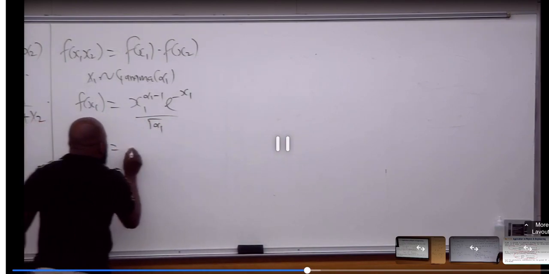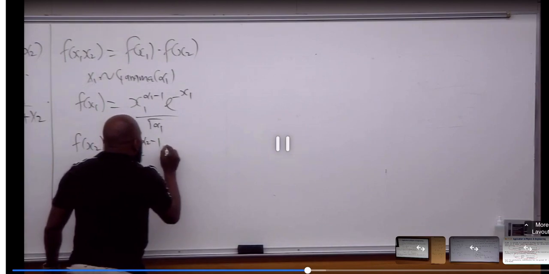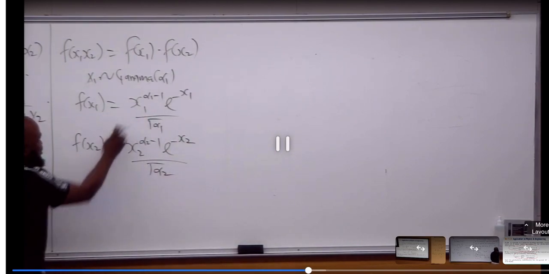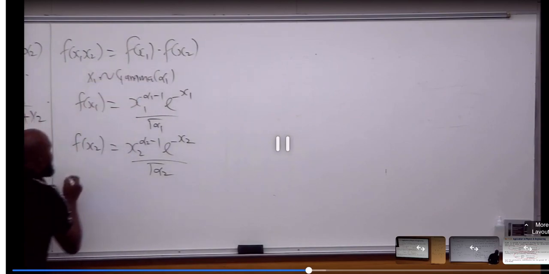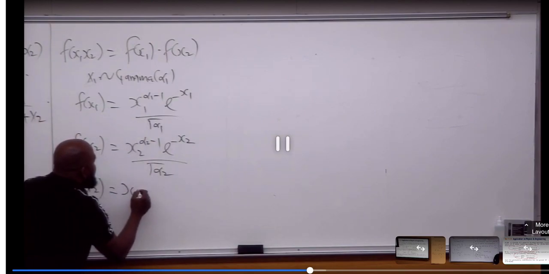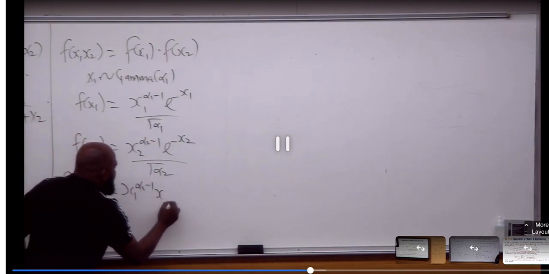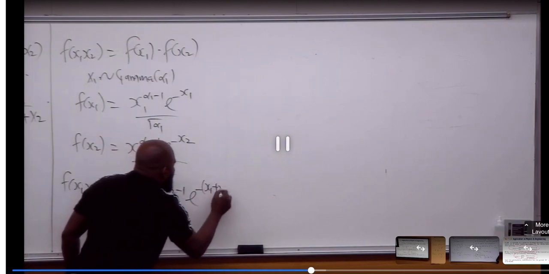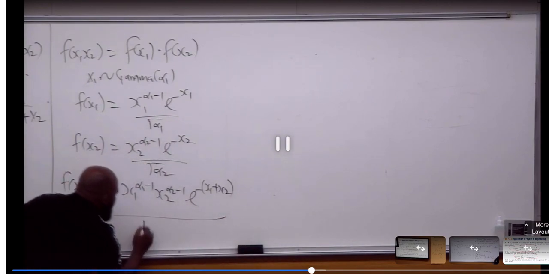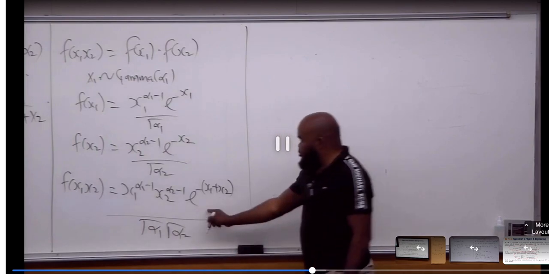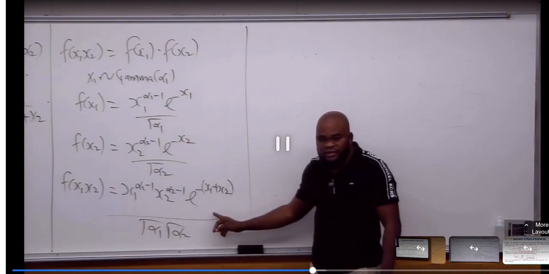Then f of x2 is going to be this. Now I want to multiply them because they are independent, so f of x1, x2 is this. Any question on that? Multiplying them, I get a joint, right?